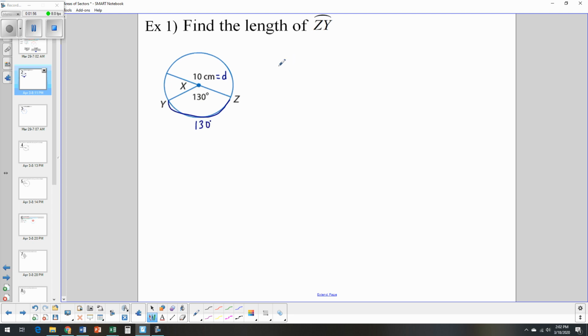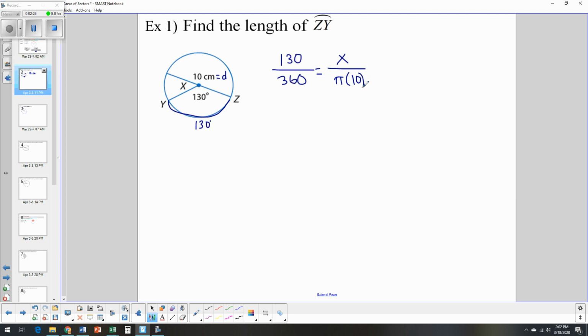So we're going to do degrees over 360 first. So we know that's 130 over the 360. And that's going to equal the arc length, which is x, over the entire circumference. So since I have d, I'm going to use pi d, so that's pi times 10.